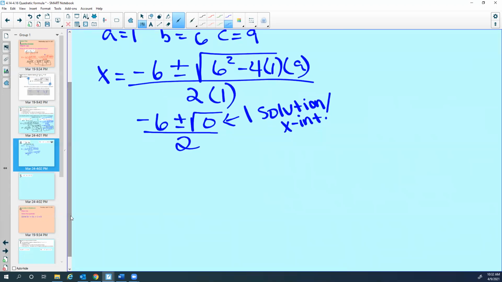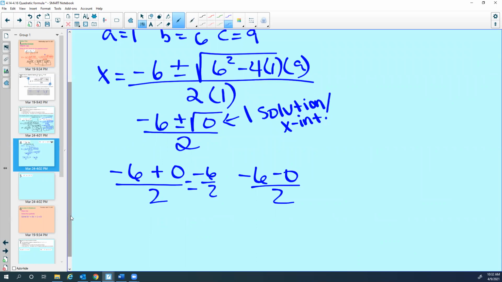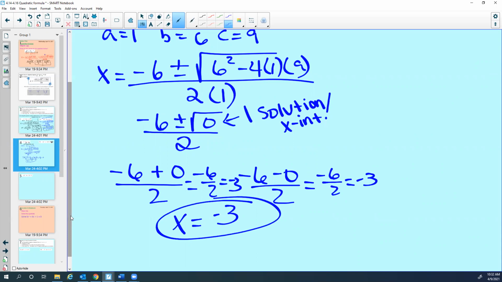So I'm going to get negative 6 plus 0 divided by 2, negative 6 minus 0 over 2. Both of them come out to be negative 6 over 2, which is negative 3. Which is why we just say we only have one answer whenever that is the case.